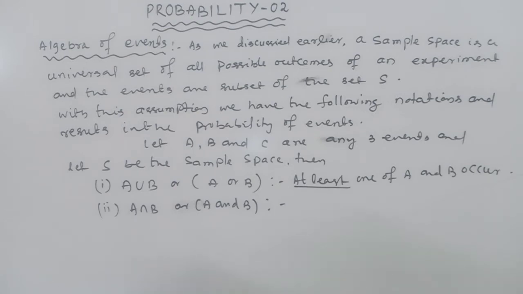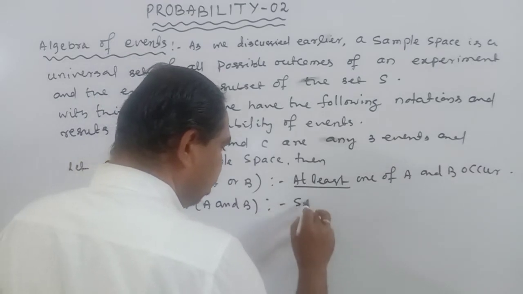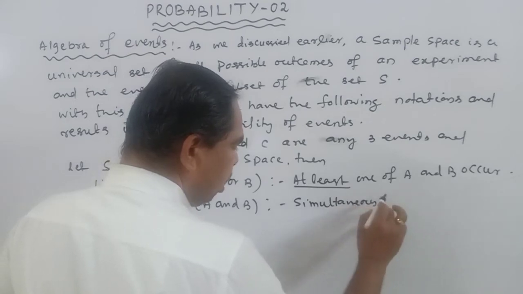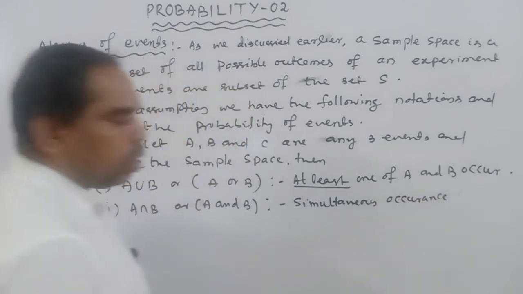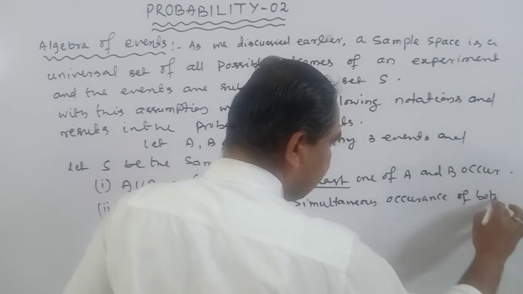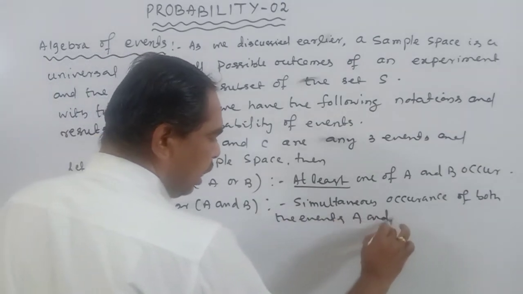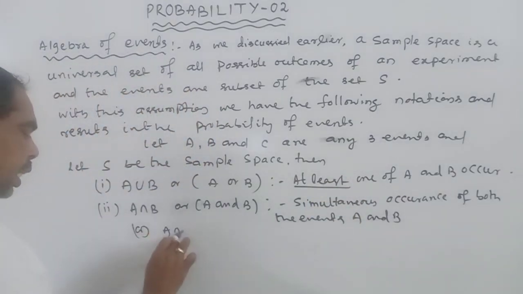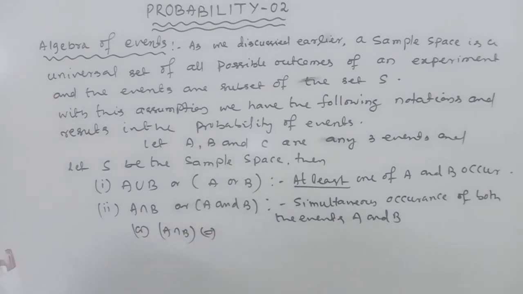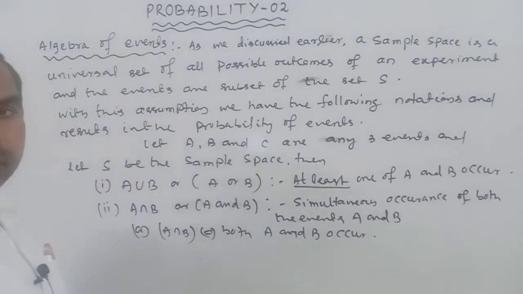A and B occurs means both A and B occur: the simultaneous occurrence of both the events A and B, or the occurrence of A as well as B. This is A intersection B.